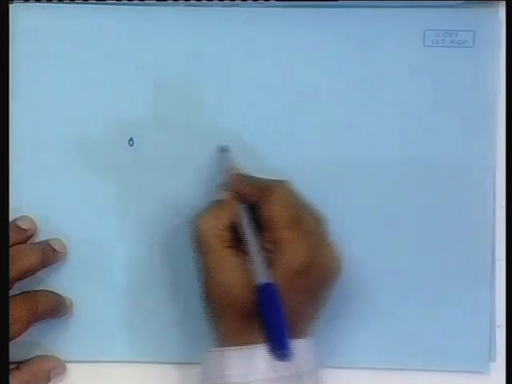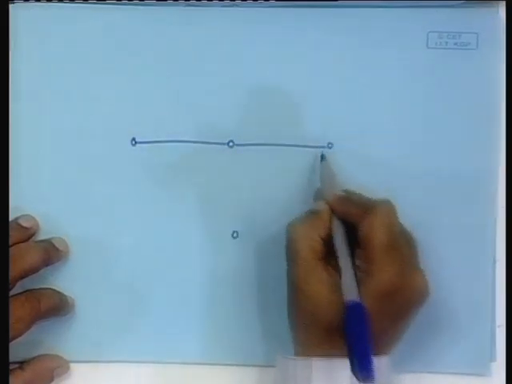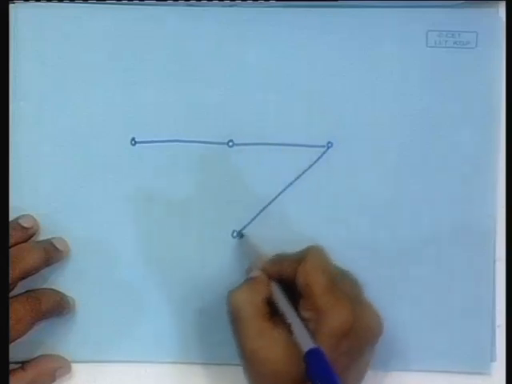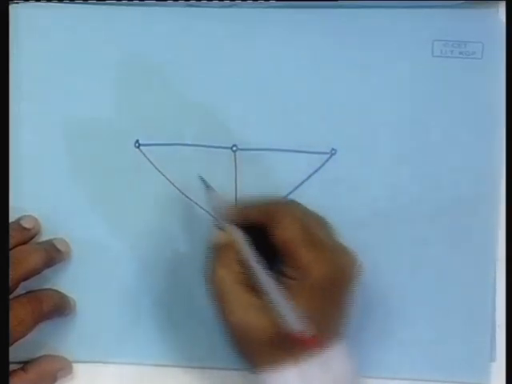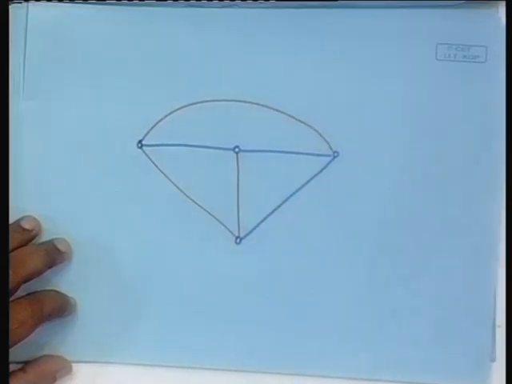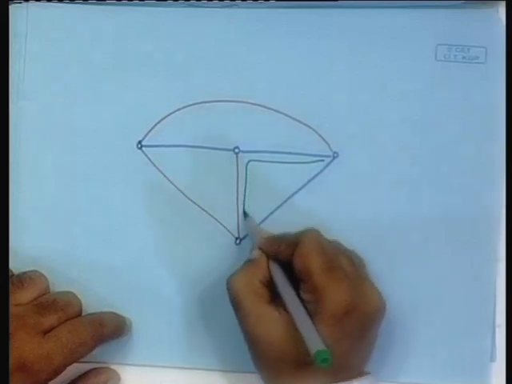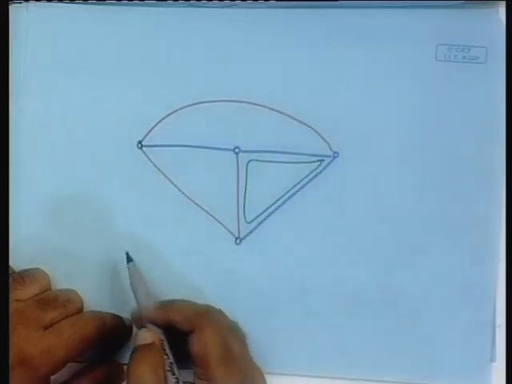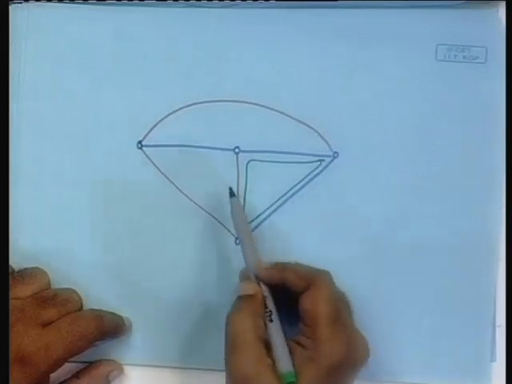Sorry, I made a mistake. Let us do it correctly. This, and this are the... So, only one co-tree branch. So, the red one is a co-tree branch. So, this is one. Is there any other? Not this?